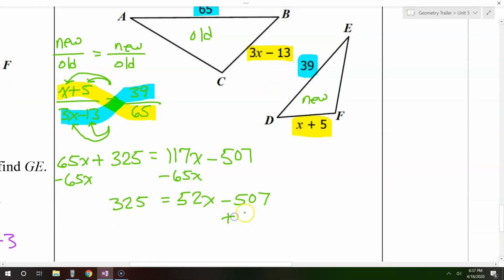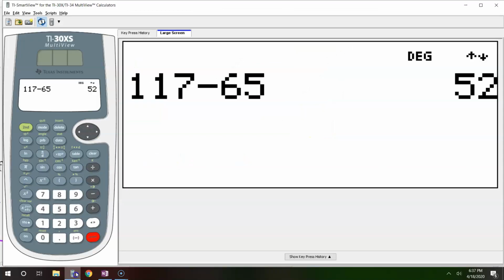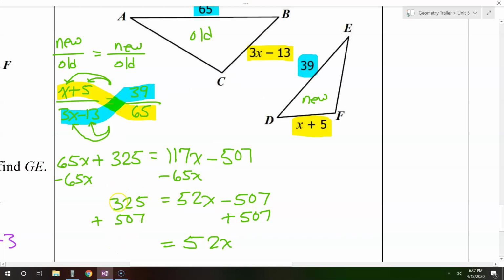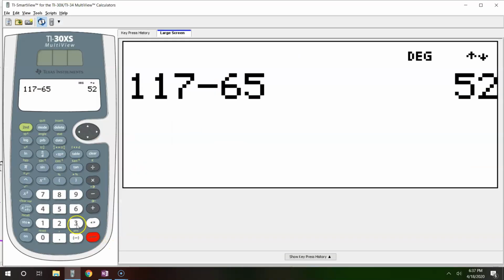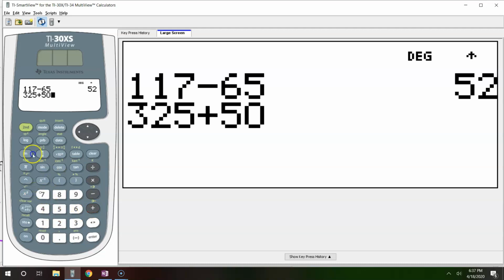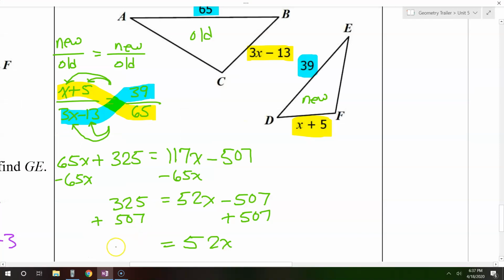Now let us add 507 to both sides. Okay, so I need to do 325 plus 507. 832.